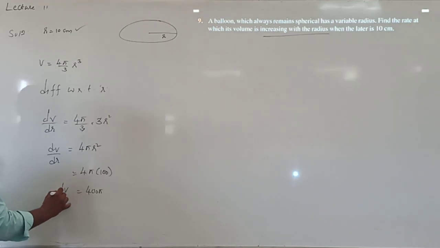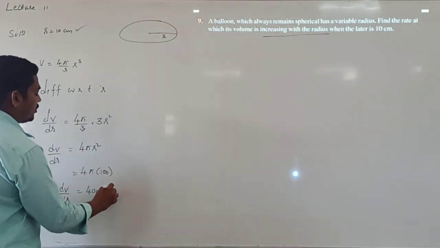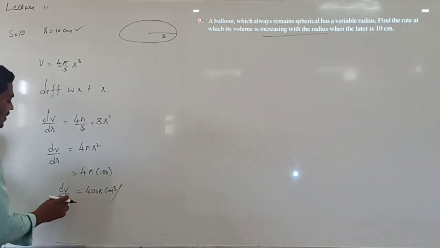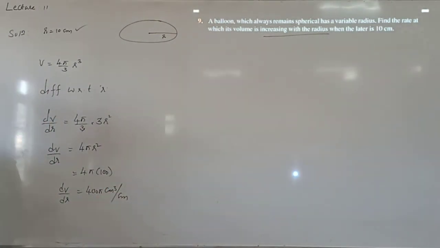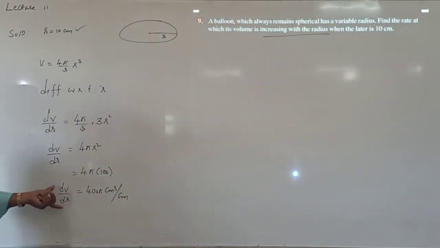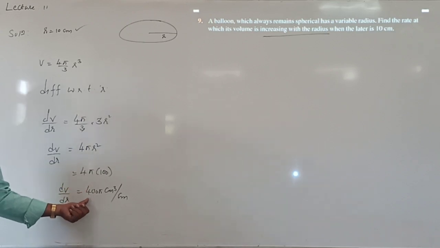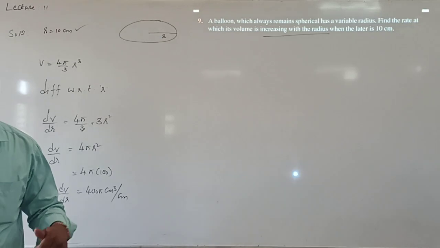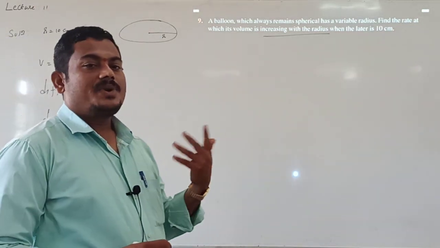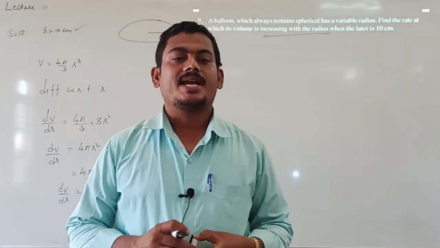Can you tell me its unit? dV by dr: volume is measured in cubic centimeter, divided by radius in the denominator, measured in centimeter. Volume of this sphere is increasing at the rate of 400 pi cubic centimeter per centimeter, because volume is changing with respect to its radius.